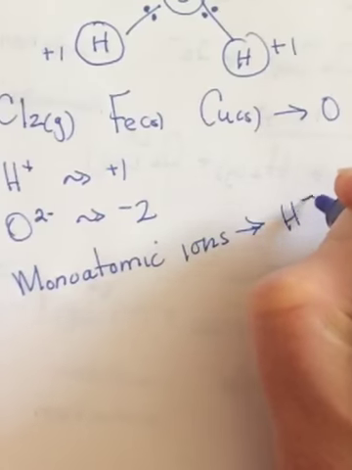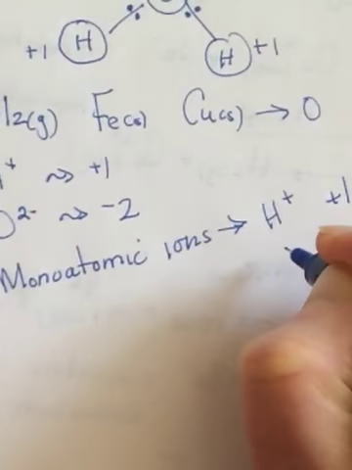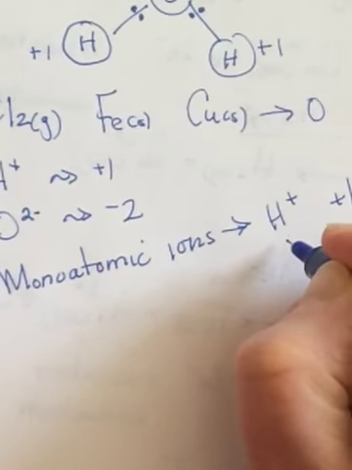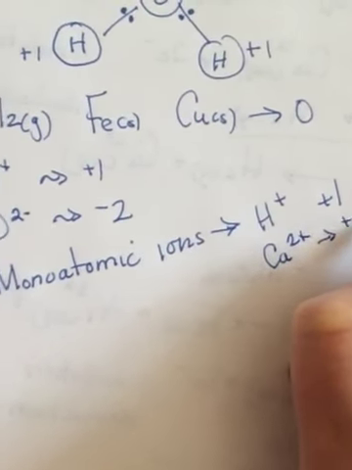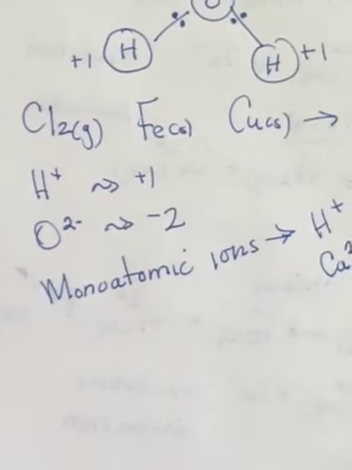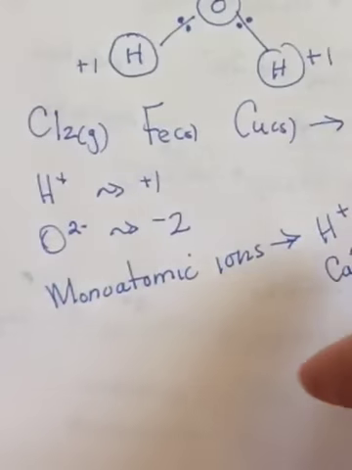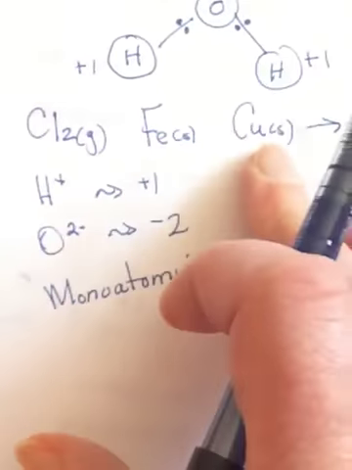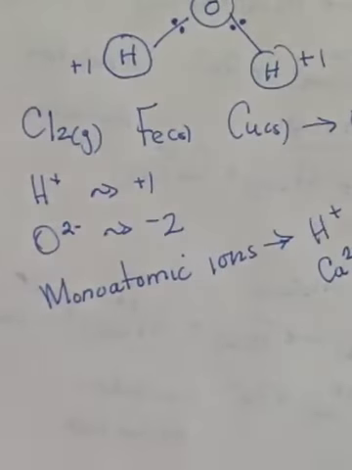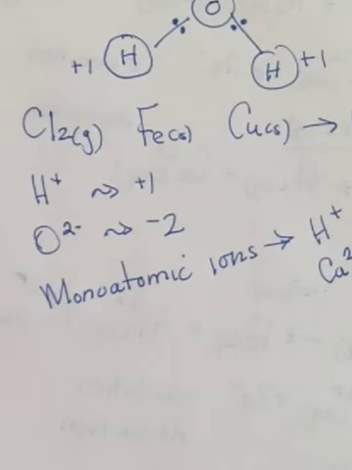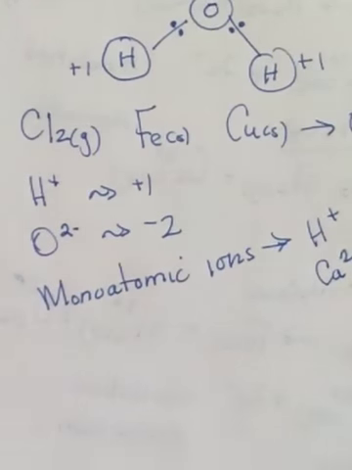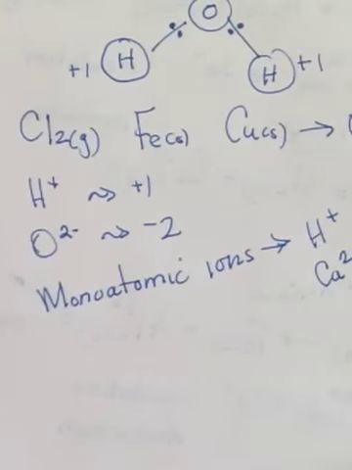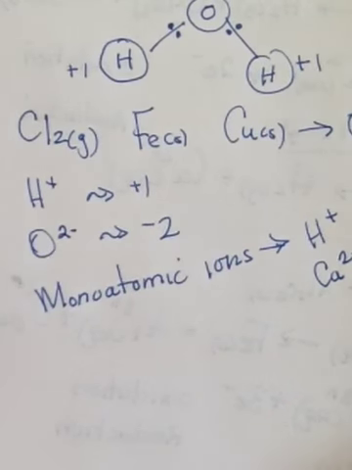So H positive will be a positive 1, and Ca2 positive will be a plus 2. Those are the basic rules: all the pure elements are 0, hydrogen in compounds is positive 1, oxygen in compounds is negative 2, and all monatomic ions have the charge of the ion.